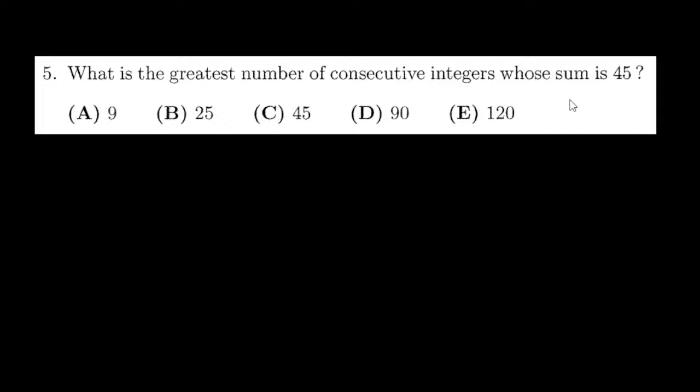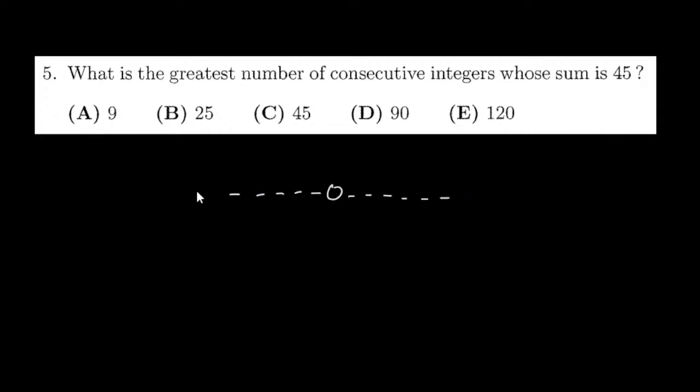As I want the greatest number of consecutive integers whose sum is 45, if I consider 0 at the center position, the negative numbers are on this side and the positive numbers on this side.